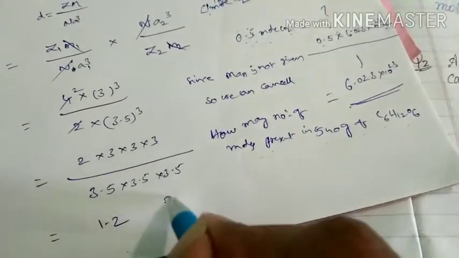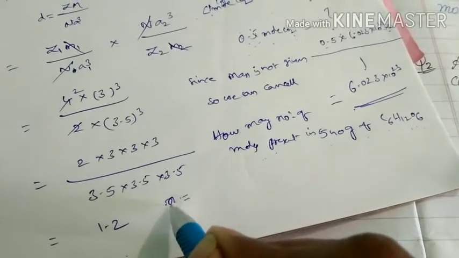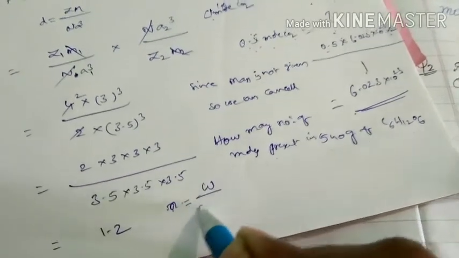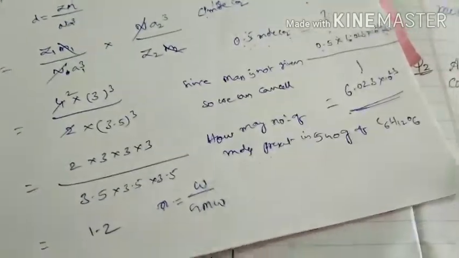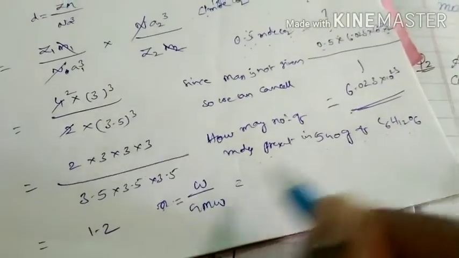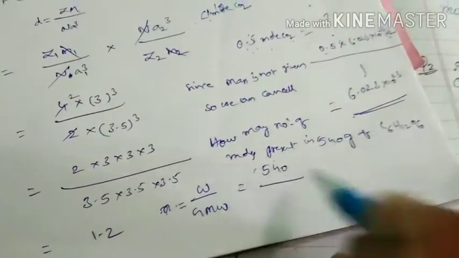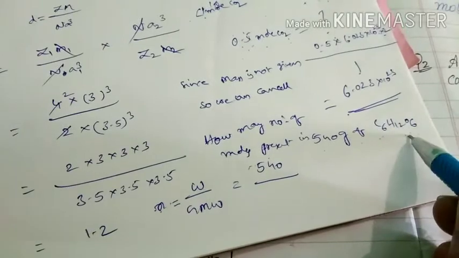So what is the formula? Number of moles, represented by n, equals weight by gram molecular weight. The weight is 540, divided by the gram molecular weight of C6H12O6.